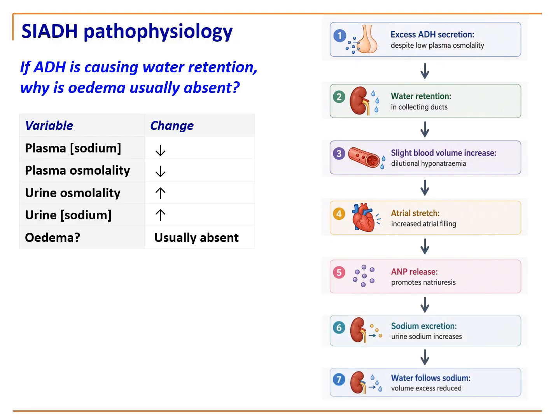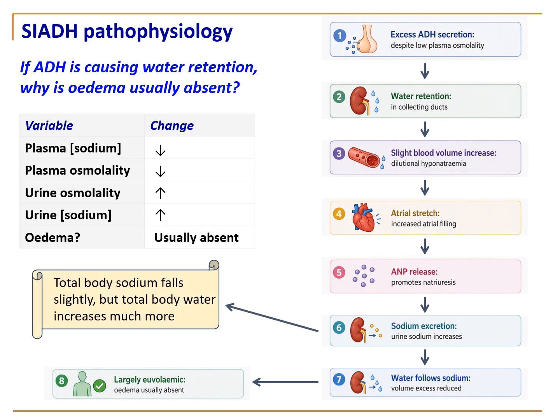So the volume excess is reduced. In essence, it's compensating for the increased blood volume from water retention. We're passing out lots of sodium and the water is following. So patients usually don't have edema because they are usually euvolemic. Their blood volume is about right, but you have got a low plasma sodium.